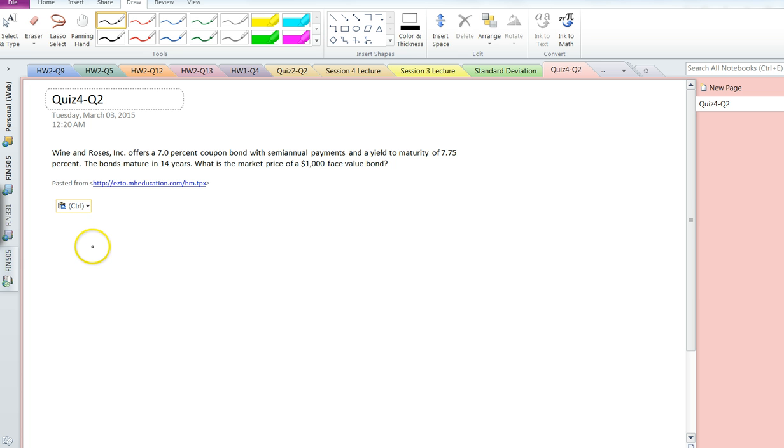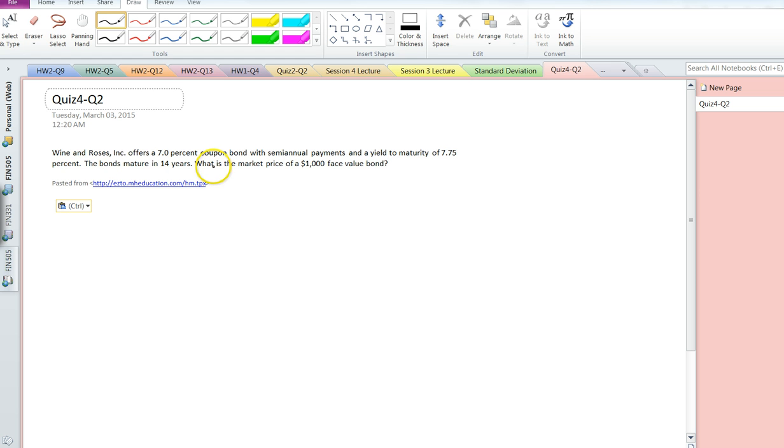So with that being said, back to this question, that offers a 7.0% coupon bond. This is the annual rate, as we said many times, by default, everything is always quoted annually. So this includes the coupon as well as the yield to maturity.